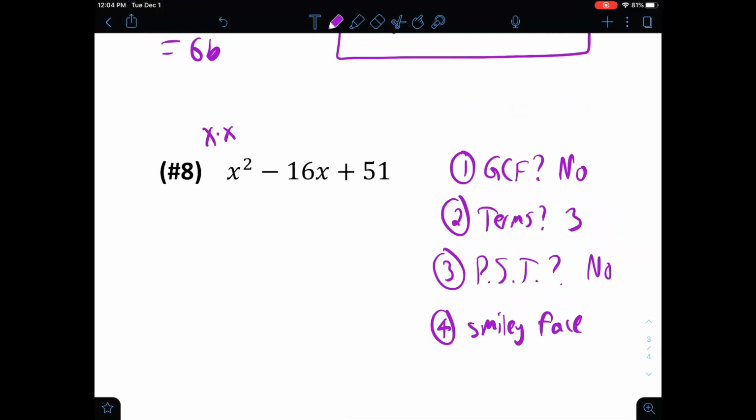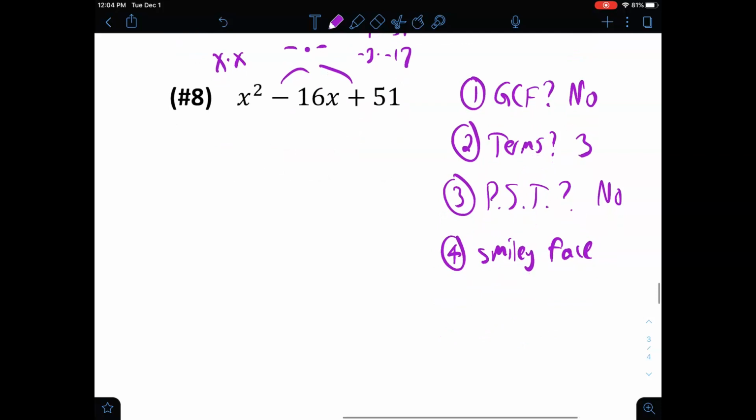And for this one, smiley face, we got x squared is going to be x times x. These are going to give us a negative times a negative. And the 2 negatives are going to be negative 1 times negative 51, or negative 3 times negative 17. Those are the factors. But this one's also not going to work.